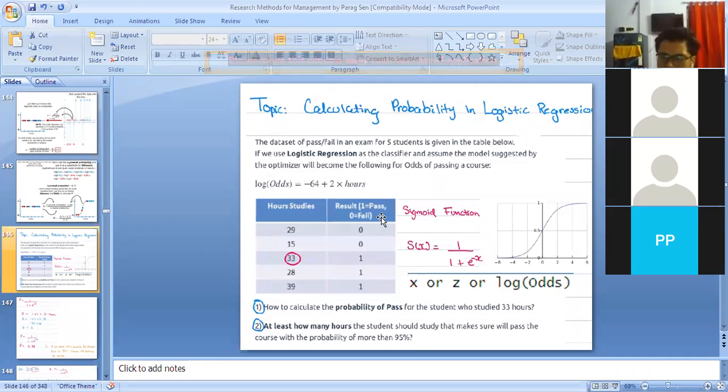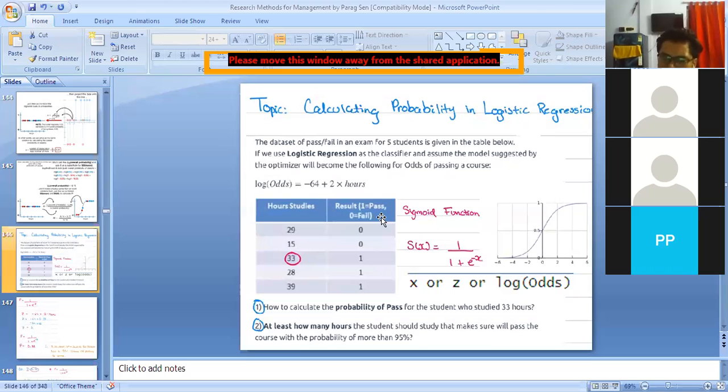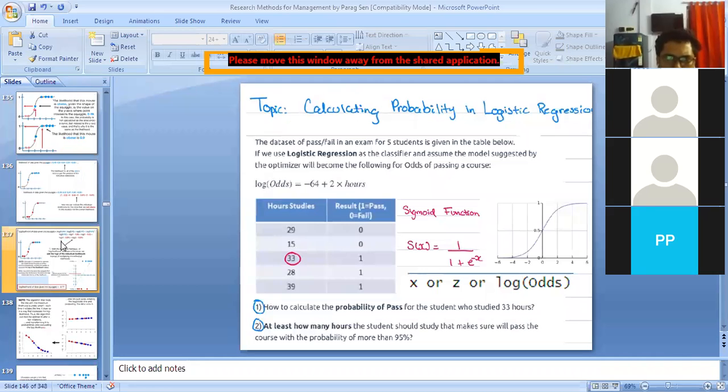If you find that the probability that the student will pass is 48%, you will say that the student will fail. In this way we consider. It will be determined automatically by the software if you plot those data.